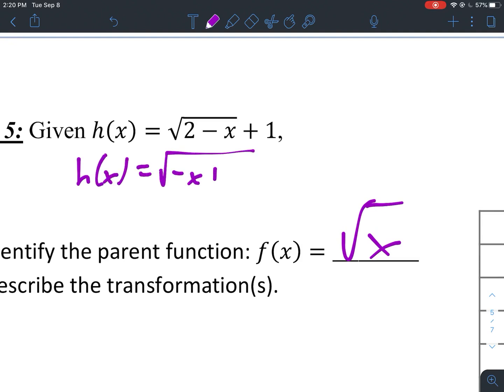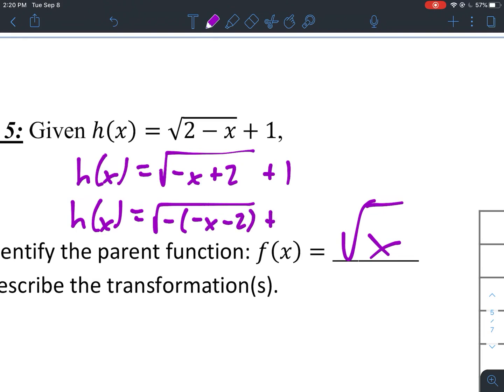It's going to say -x plus 2 plus 1. That's important, because looking at that, you might not know that there are 2 transformations underneath there. But really, if we factor an x out of that expression there, I'm left with that.